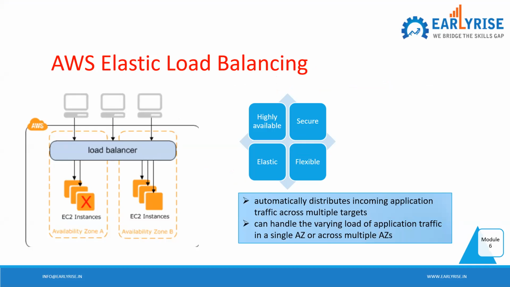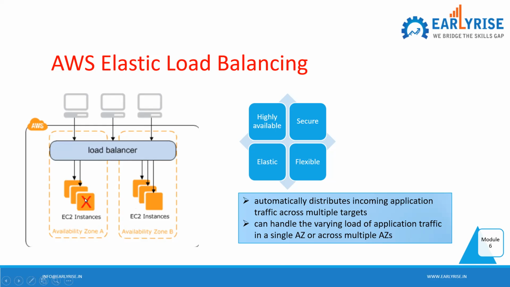If an EC2 instance is gone, it doesn't matter, because more EC2 instances are running in another availability zone B. This load balancer is highly available, elastic, flexible, secure, and automatically distributes incoming application traffic across multiple targets. It's not about only one EC2 instance; you can have multiple EC2 instances.